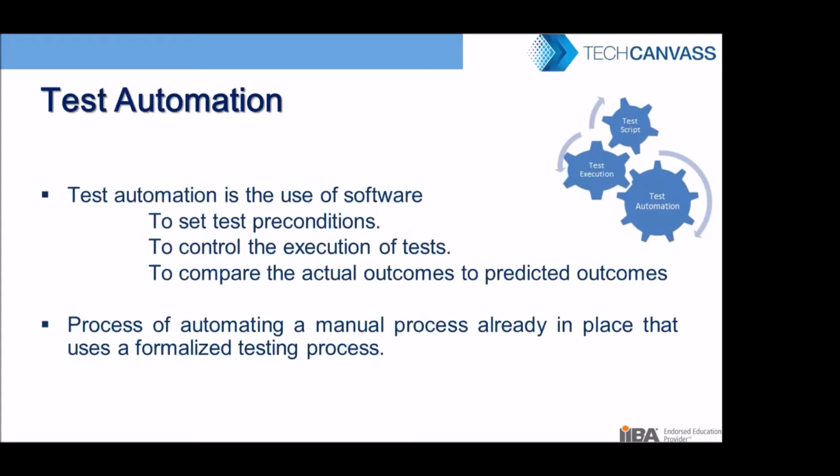Otherwise, we can do the remaining part with automation. The basic idea behind this is to first set and test the preconditions, and then control our execution; there, Selenium Grid comes into the picture. And the third part is comparing the actual outcome with the expected outcome, which we do in manual testing also. So it is the process of automating a manual process already in place that uses a formalized testing process.